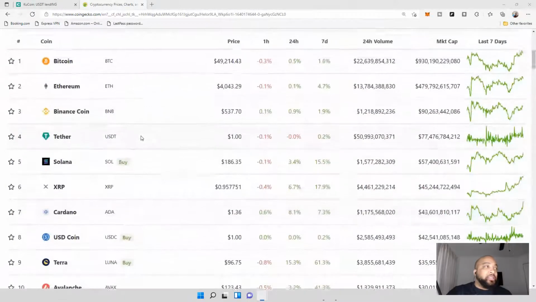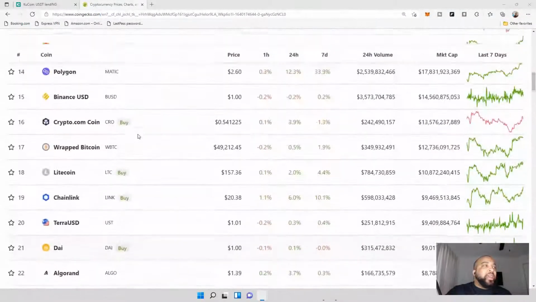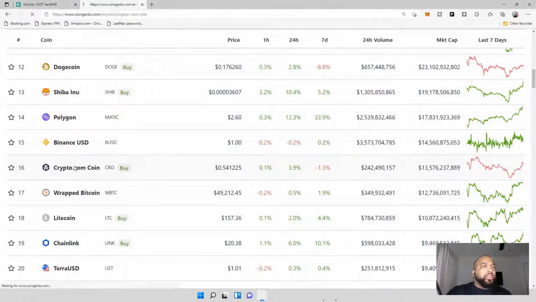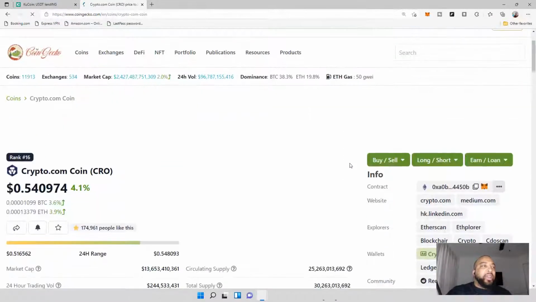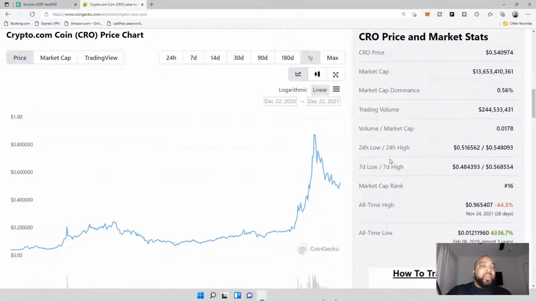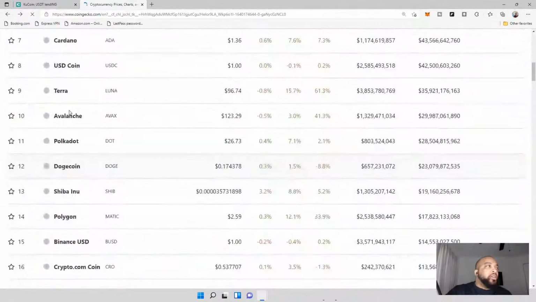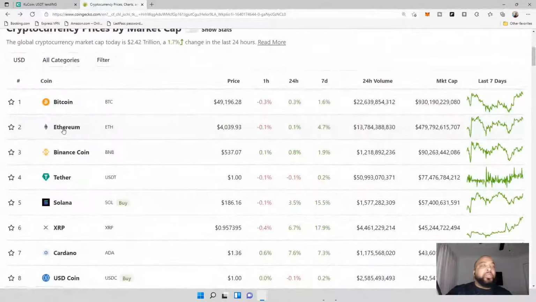But if you have patience to understand a cryptocurrency that has a good use case, and you're able to make a purchase and wait, then you can take something that at its all-time low in February of 2019, which is almost 3 years ago, and make a 4,337% gain. If you have patience, you can get into any of the blue chip cryptos.